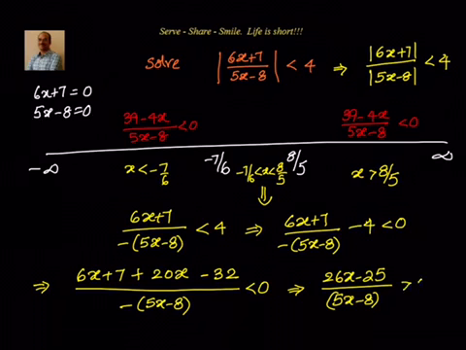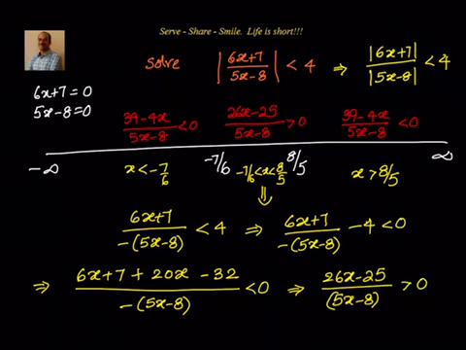So can I make it greater than 0? Because when I multiply by that minus, the signs will change. So let's write down what it is for the middle interval. We have here 26x minus 25 divided by 5x minus 8, and this is greater than 0.